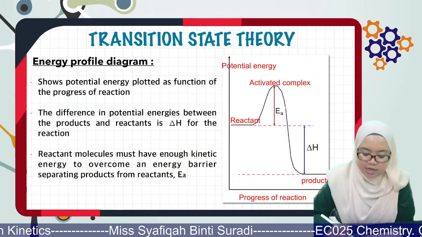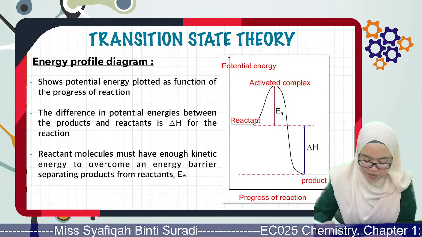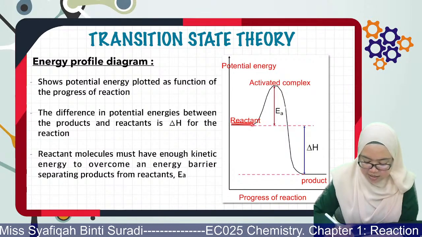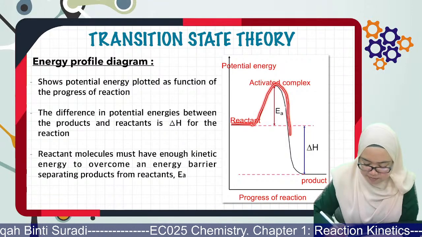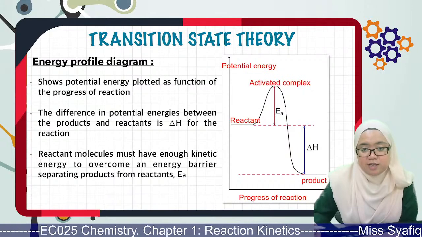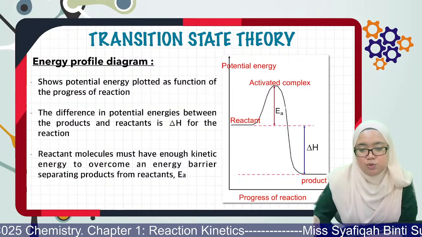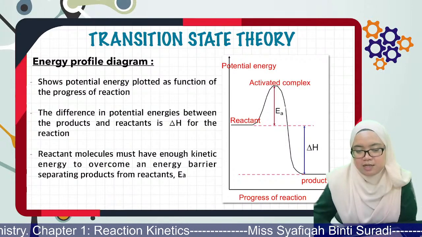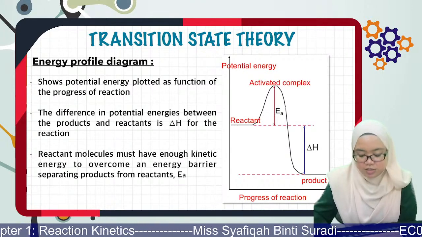So basically dekat kita punya profile diagram kita ni, so kita ada reactant, kita punya EA kita, and then bawah ni kita punya produk. Okay, so untuk kita punya profile diagram kita ada dua lah, satu untuk exothermic reaction, yang lagi satu untuk endothermic reaction.